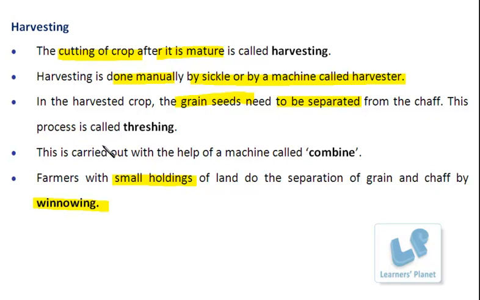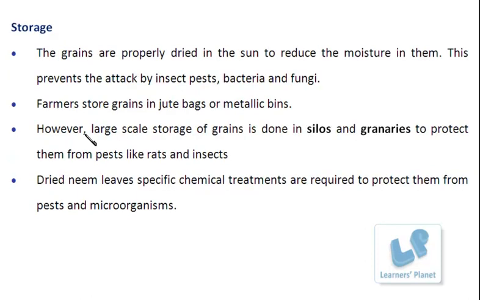Now after this step, the next step is the proper storage of the product. So let's see how this storage is to be done. See, these grains or the food material should be properly stored.